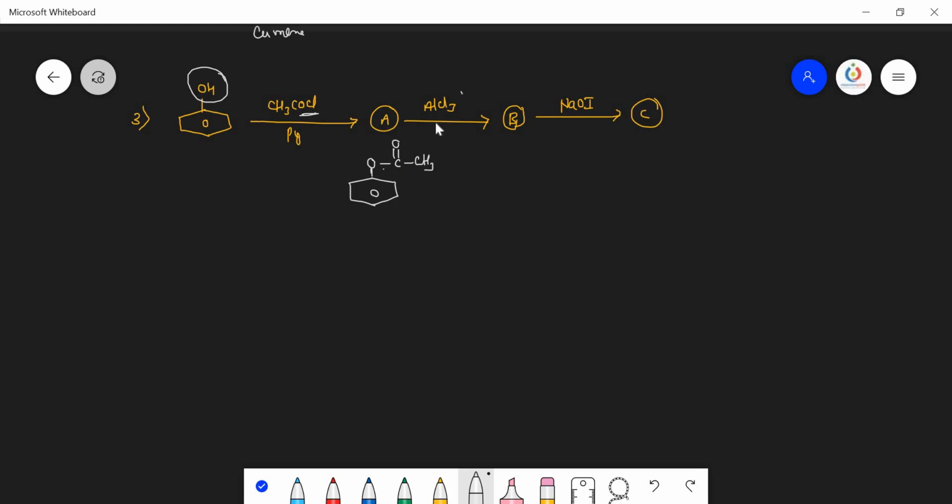This phenyl acetate in the presence of AlCl3 undergoes rearrangement. This rearrangement is known as the Fries rearrangement. So you will get two products over here, depending on the temperature: OH group and COCH3, one is the ortho product, the second one is the para product.